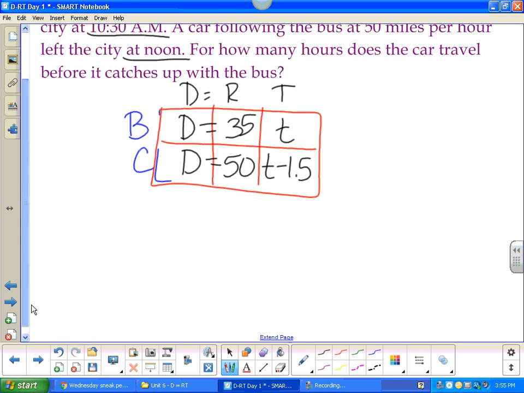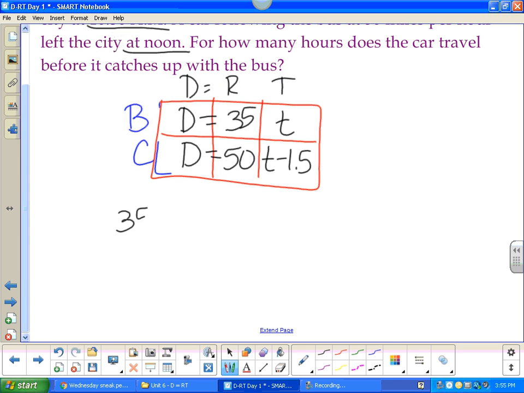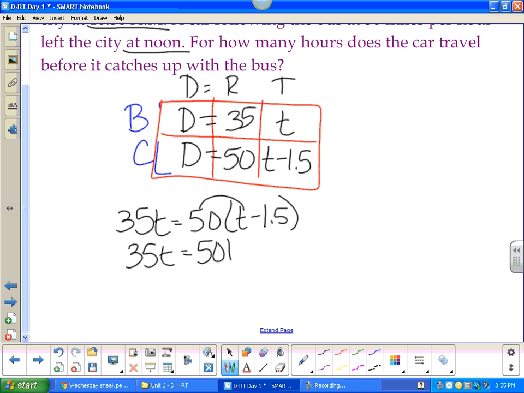Okay, now let's watch and see how this unfolds. So 35t is easy. 50 times t minus 1.5. So 35t equals 50t. And then 50 times 1.5, well, that means I have 1.5 50s. Well, 150 is 50. Half of a 50 is 25.